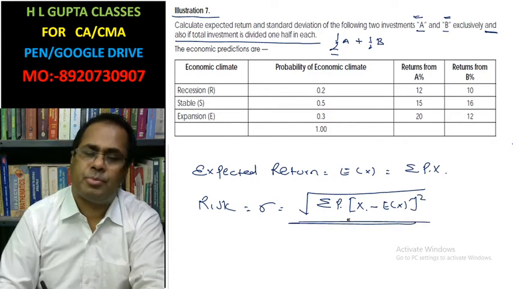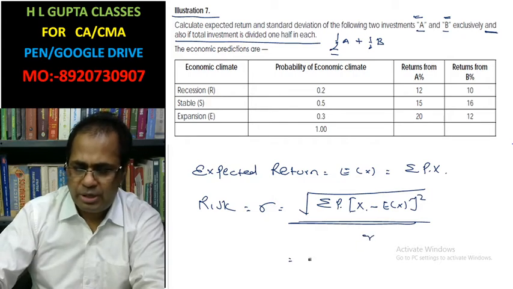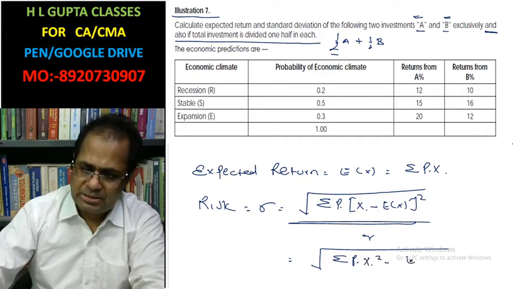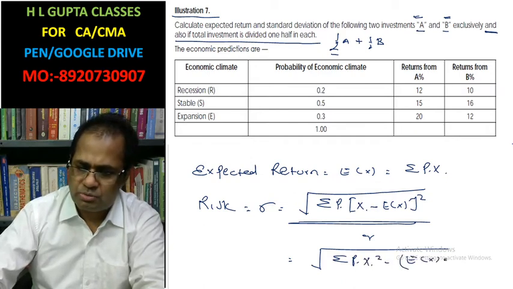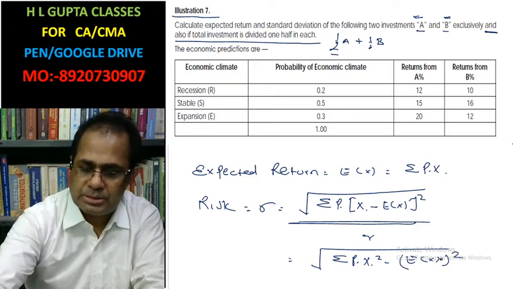Okay, this is the formula. Or the other formula you can write: standard deviation is the square root of summation PiXi square minus (E(X)) whole square. This is the other formula for calculating standard deviation.